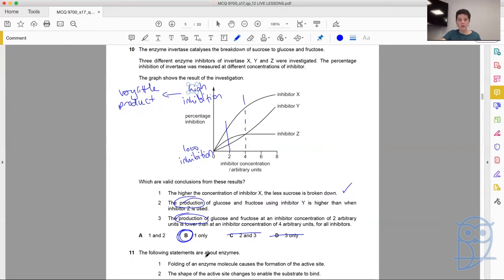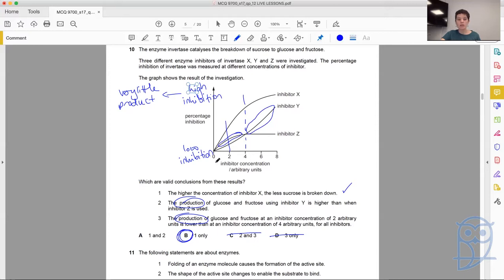We can also remember that production of glucose and fructose with Y is only bigger than Z from 4 to 8. See here, Y is only bigger than Z from there. At this stage here, Z is inhibiting more. So they're actually flip-flopping their relationship.